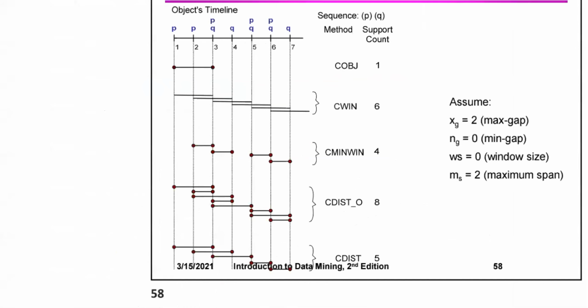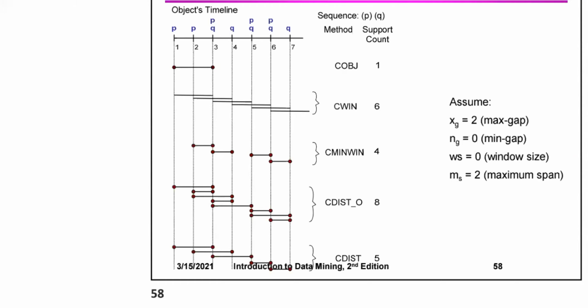See here, totally P occurs in the 6th position, then the next position, so totally 6 occurrences of P, and Q occurs 6 times. You have to represent it as CWin, one occurrence per sliding window. So in this diagram it shows PQ is observed 6 times using this method.